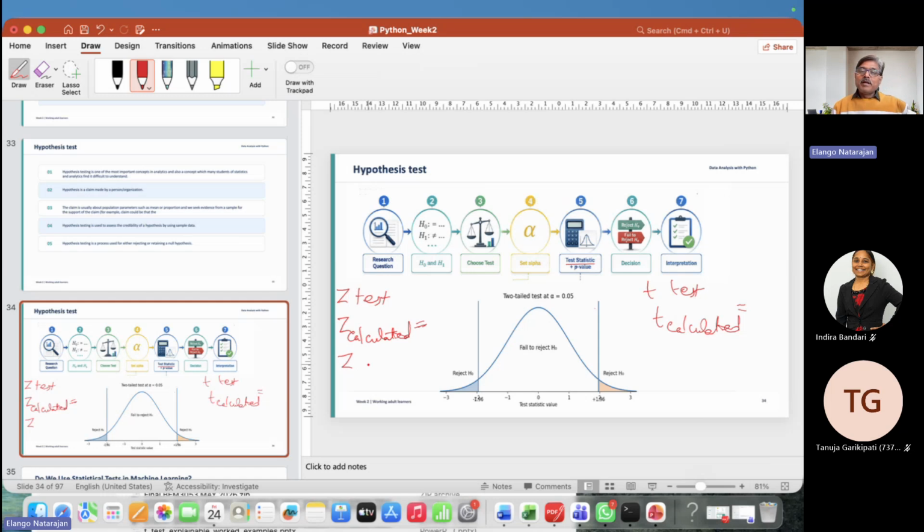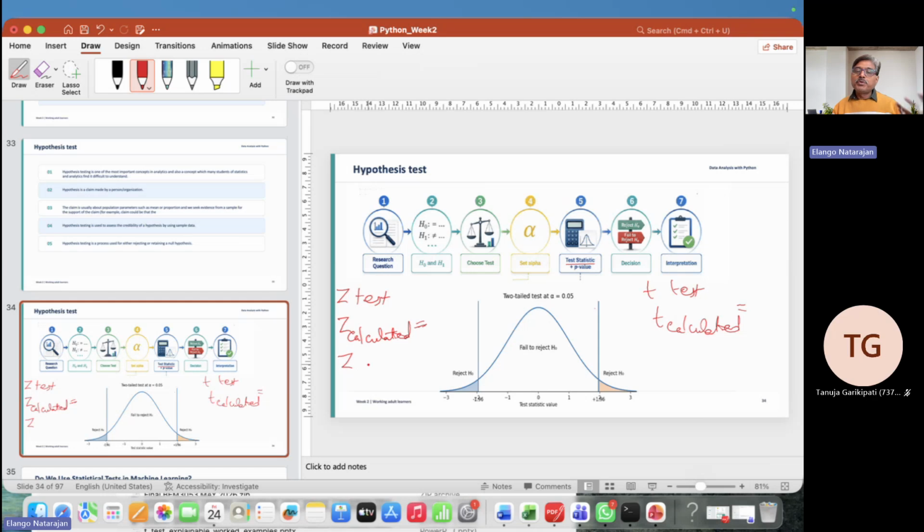It's available already on the net, you can get it, or you can use an Excel function to get it. But this Z value we find based on the alpha value. Alpha refers to your confidence level, significance. That means you have to initially fix what confidence level you want to use for your test.